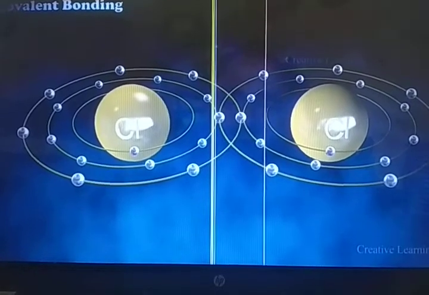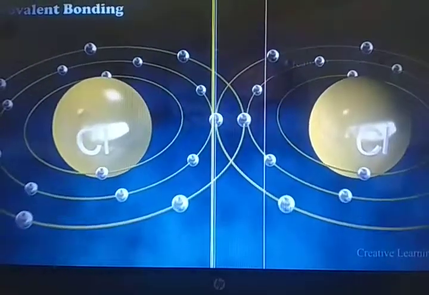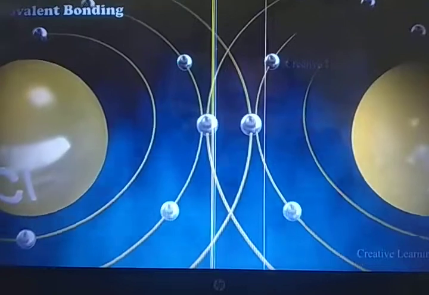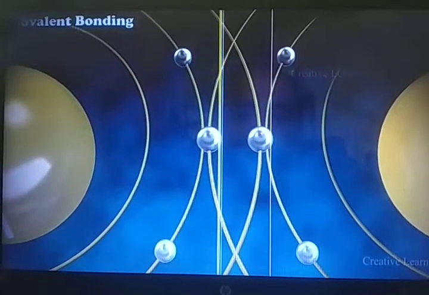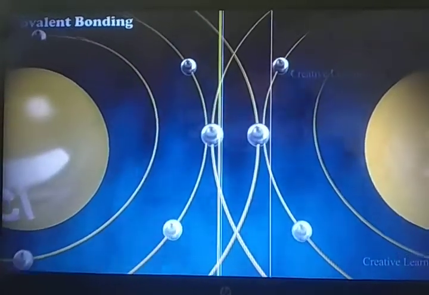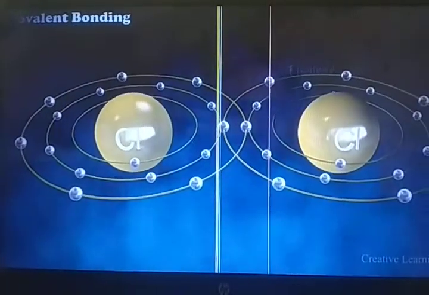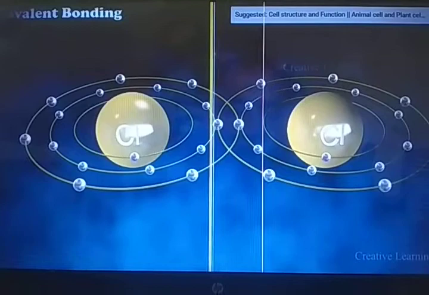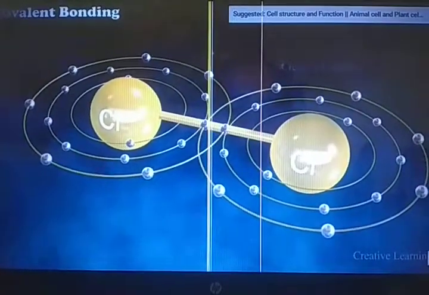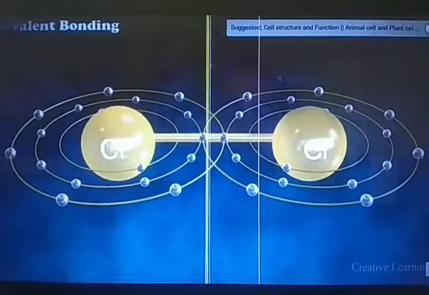After this, if both the chlorine share the electron, they will be satisfied, they'll both have 8, and they share one pair of electrons. That is what we call a covalent bond.